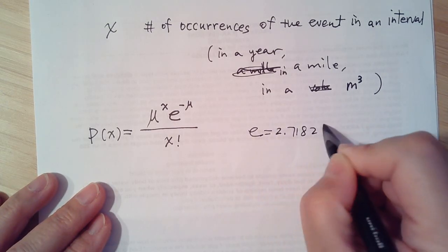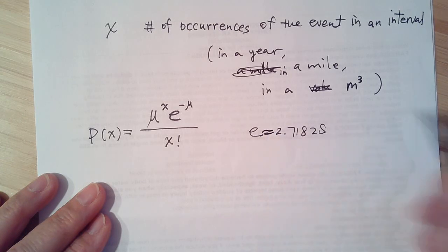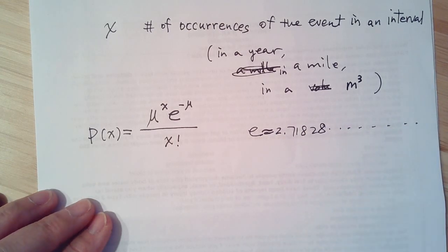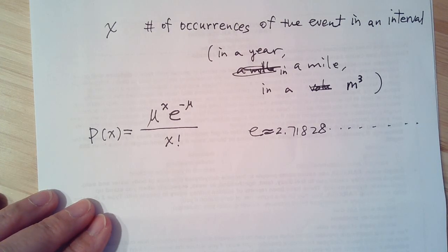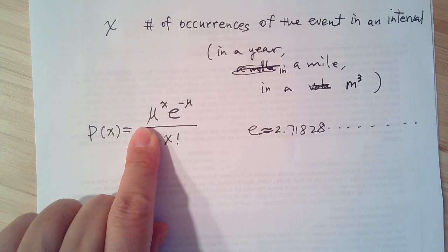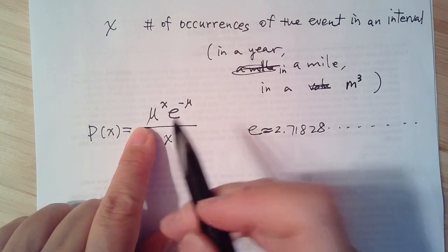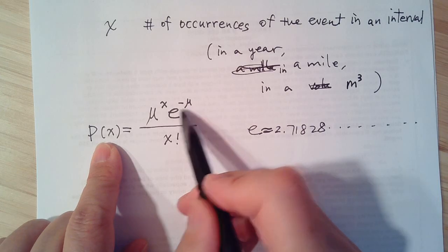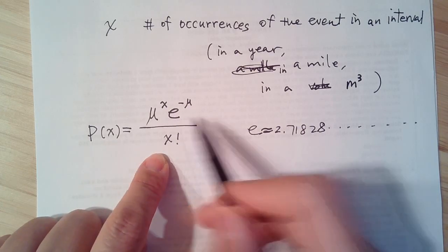It has a lot of digits. It's an irrational number. So that's e. Now you look at this formula. If you know mu, and you're looking for the probability of x, and e is a constant, a number, it seems like the only thing you need to know is mu.